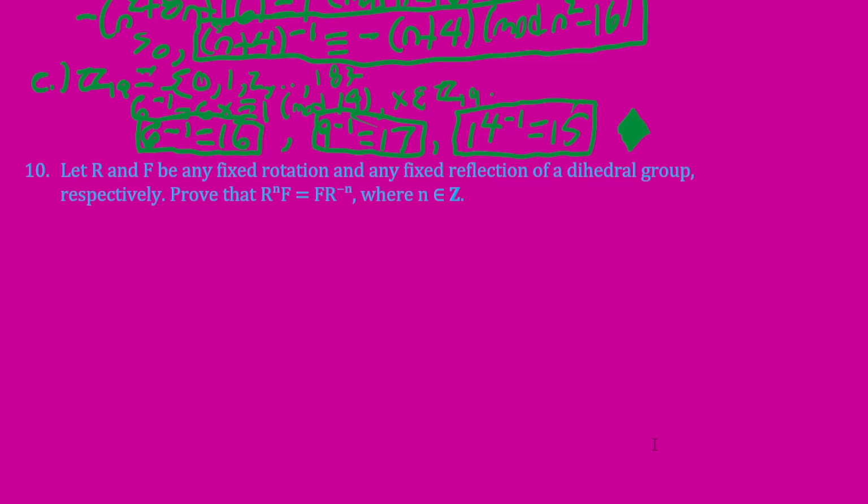So we have R and F be any fixed rotation and any fixed reflection of a dihedral group, respectively, and we're asked to prove that R raised to the n composed with F is equal to F composed with R raised to the negative n, where n is an integer.